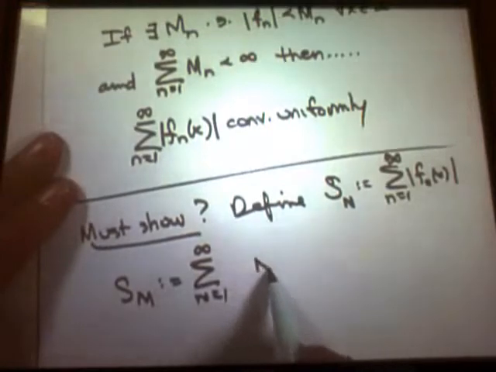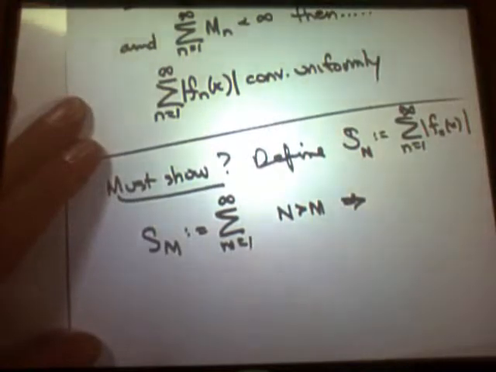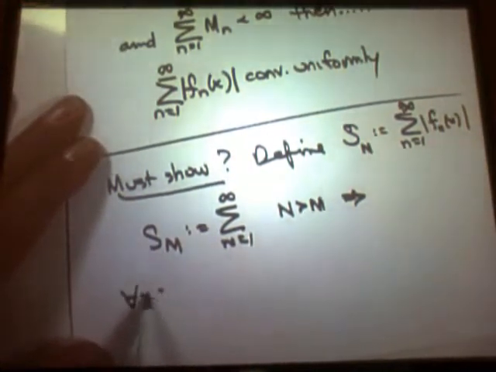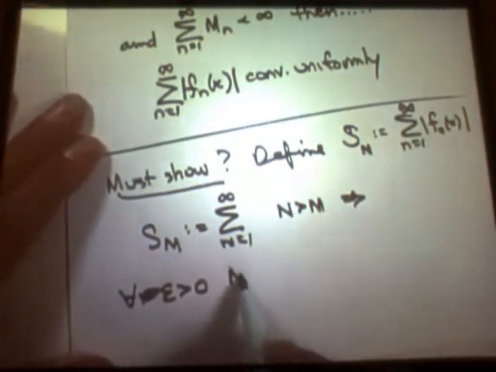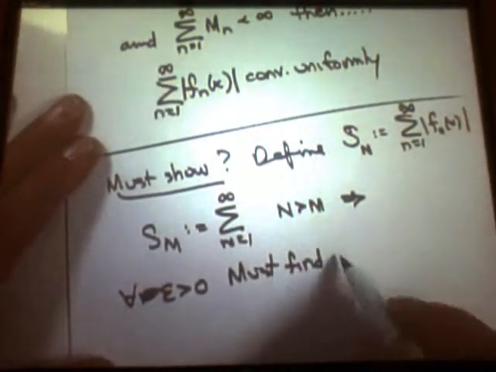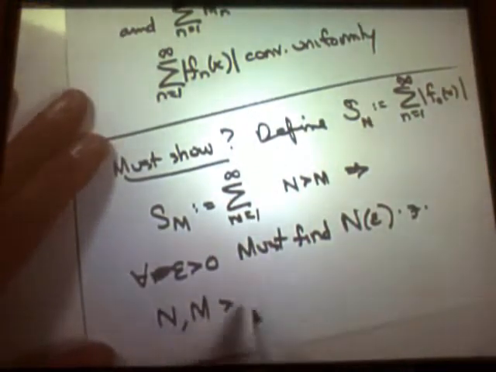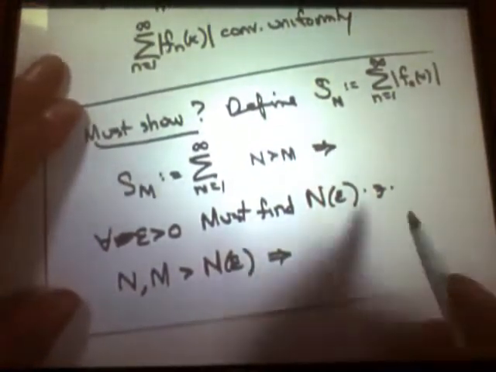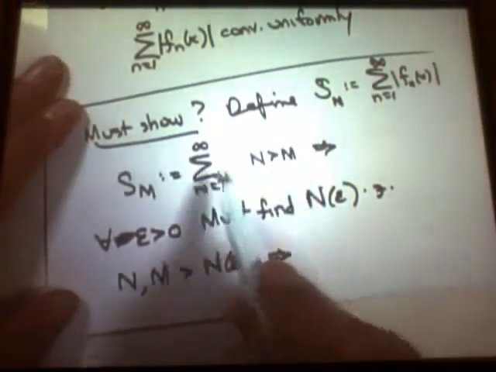And we can take N greater than M, which means, if we fix epsilon greater than 0, we must find an N of epsilon such that whenever capital N and capital M are greater than N of epsilon, that implies that since N is greater than M, it's going to be bigger, right?